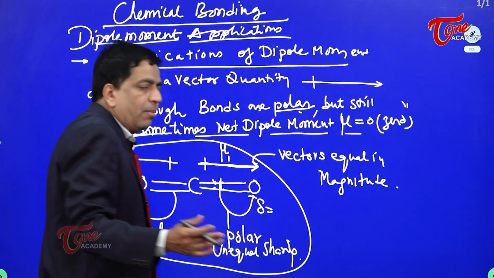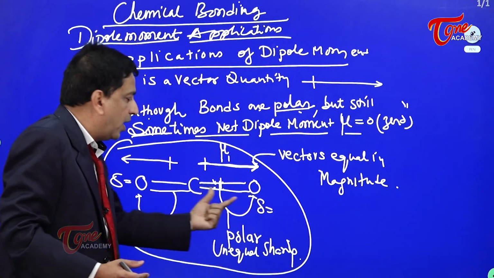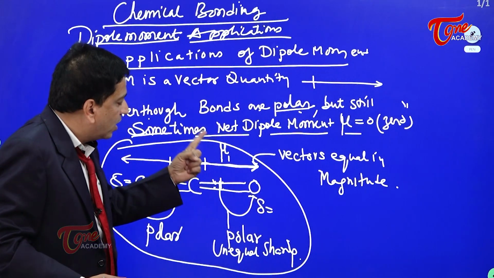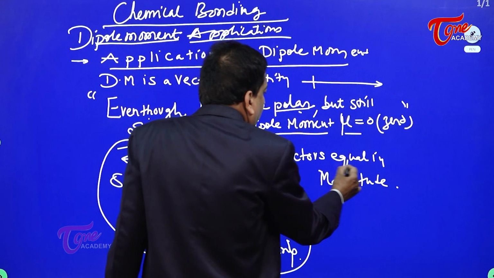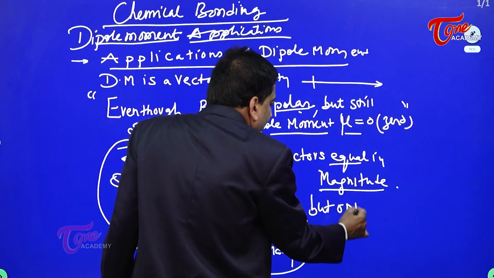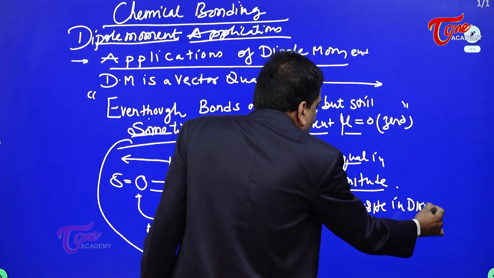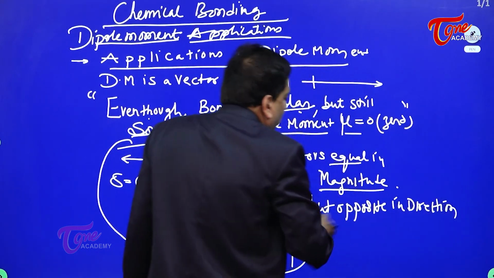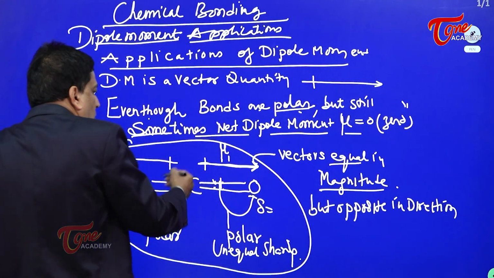Of course they are equal in magnitude because this bond is the same as this bond. You don't have two dissimilar atoms, both are oxygens. So vectors equal in what? Magnitude, but opposite in direction. If they are opposite in direction, they cancel each other.